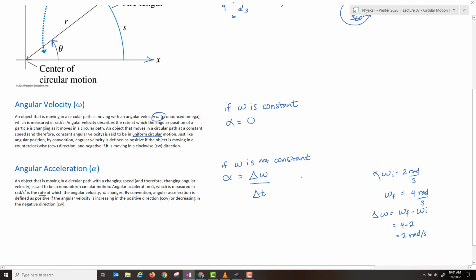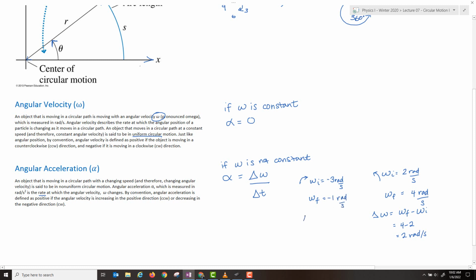If the object was moving in the clockwise direction, then my omega initial is a negative value. Let's say it's negative 3 rads per second. And my omega final, in this case, is getting less negative, so let's say it's negative 1 rad per second.